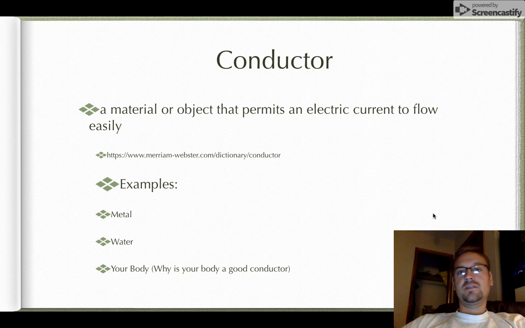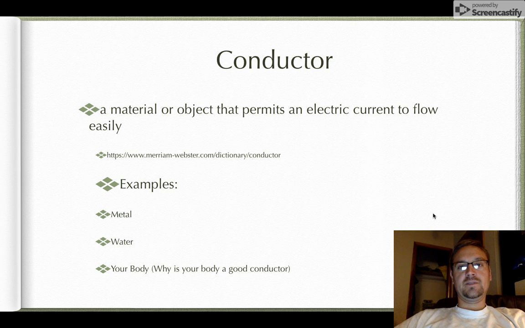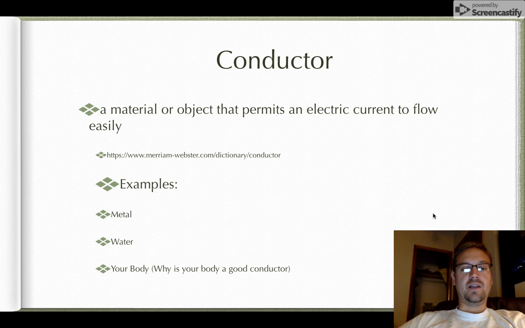A conductor, according to Merriam-Webster dictionary, is a material or object that permits an electric current to flow easily. Examples: metal, water, and your body. And why is your body a good conductor?